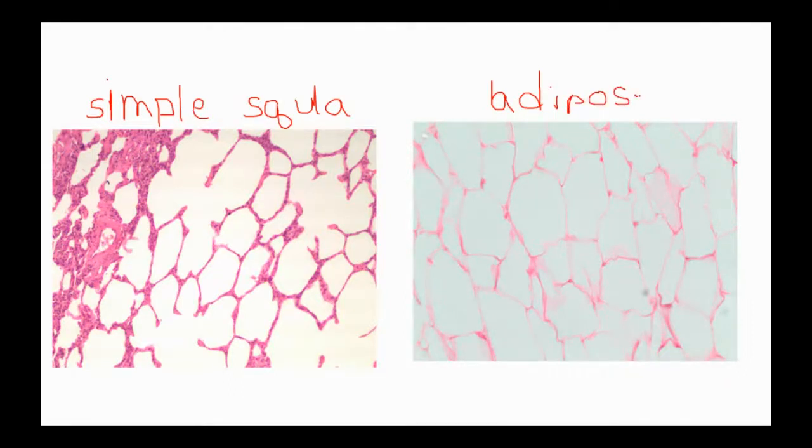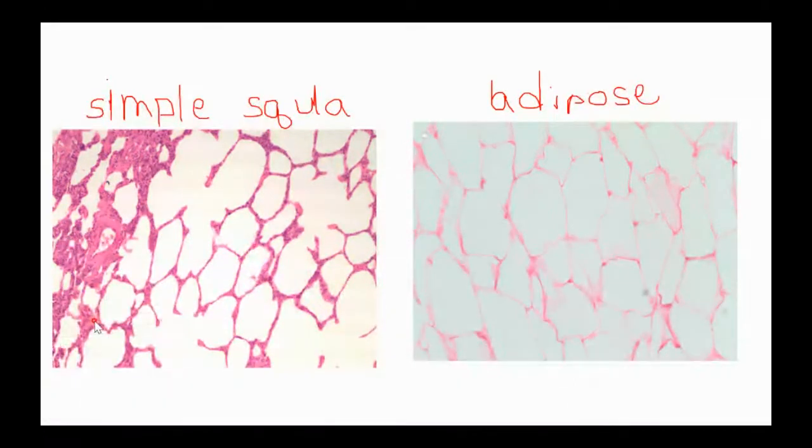This one's epithelium. Yeah, Kira's right. This one over here on the left is simple squamous. Simple squamous epithelium. Yeah, and we're looking at our first connective tissue on the right, and this type of connective tissue over here is adipose tissue. Adipose.